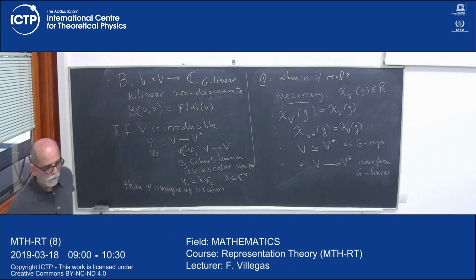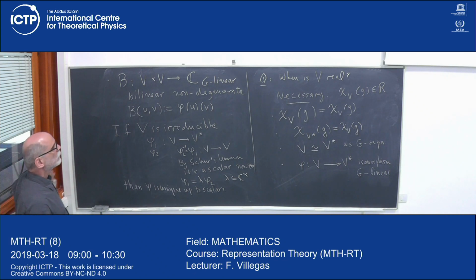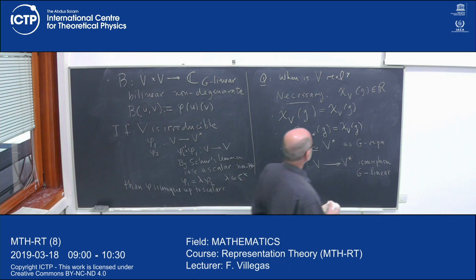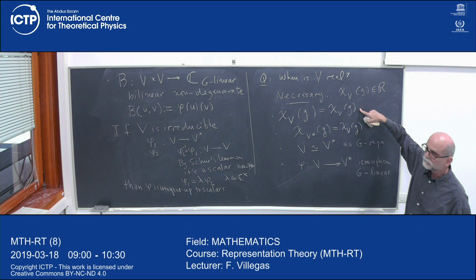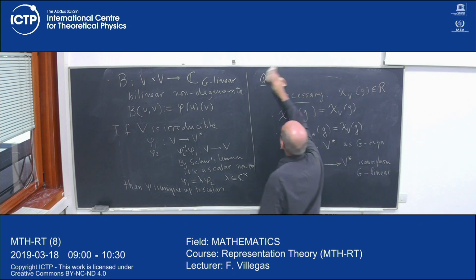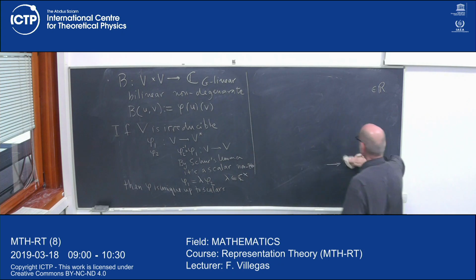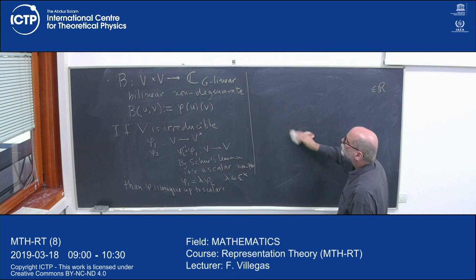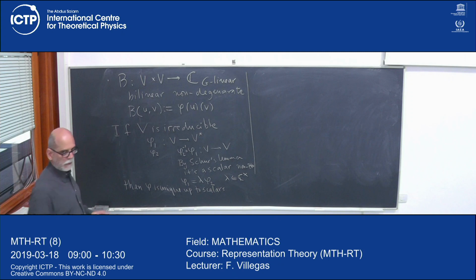And the same goes for B, because this construction between B and Phi is a natural one-to-one correspondence. So if we now pose ourselves in the situation of V having real valued characters and irreducible, then it has a G invariant bilinear map, which is unique up to scalars.